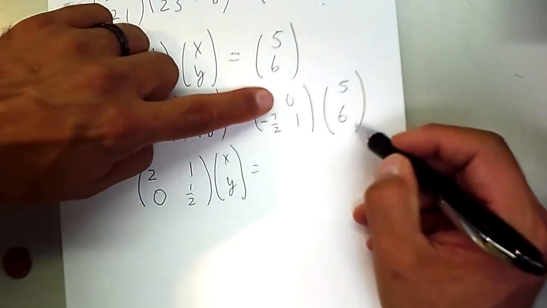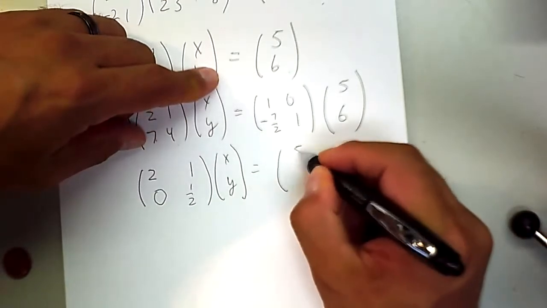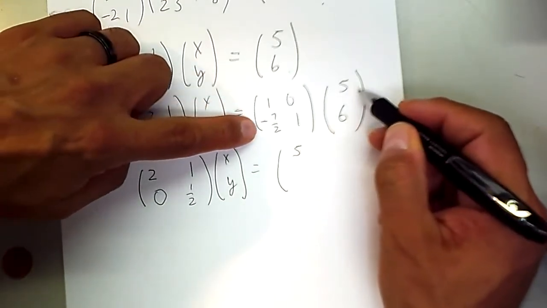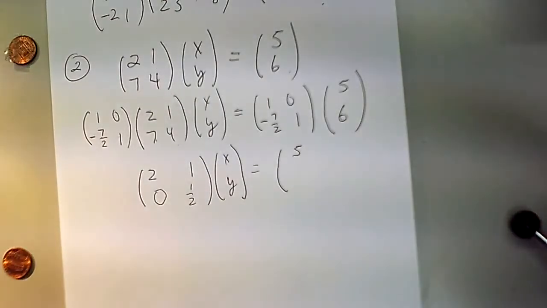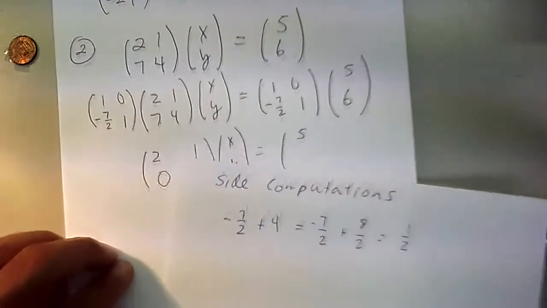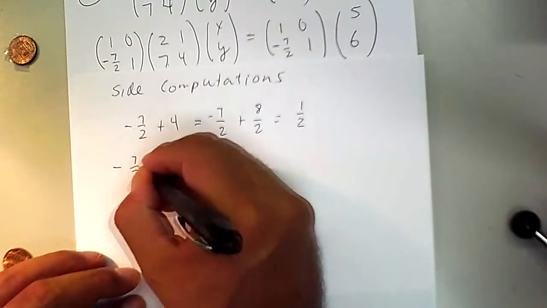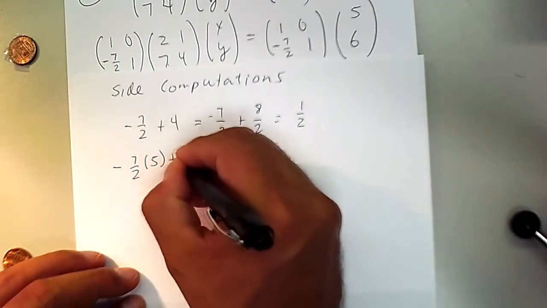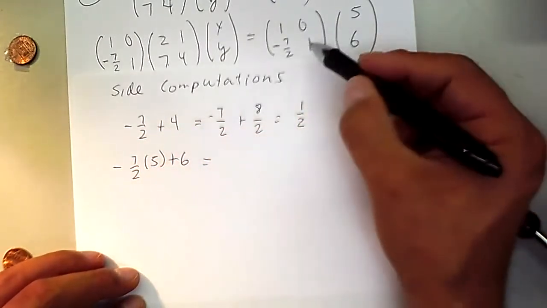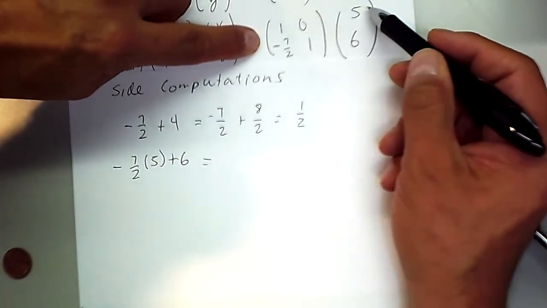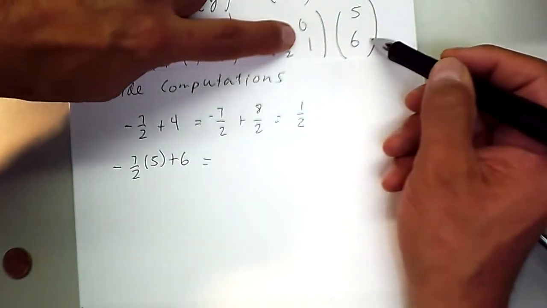And then we're going to do the same kind of operation here. 5, nothing. Negative 7 over 2 times 5 plus 6. That is exactly what we are multiplying here: negative 7 over 2 times 5 plus 1 times 6.